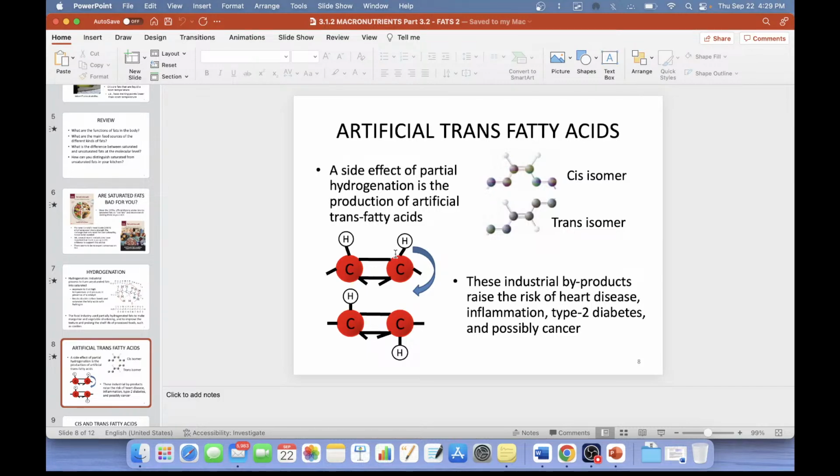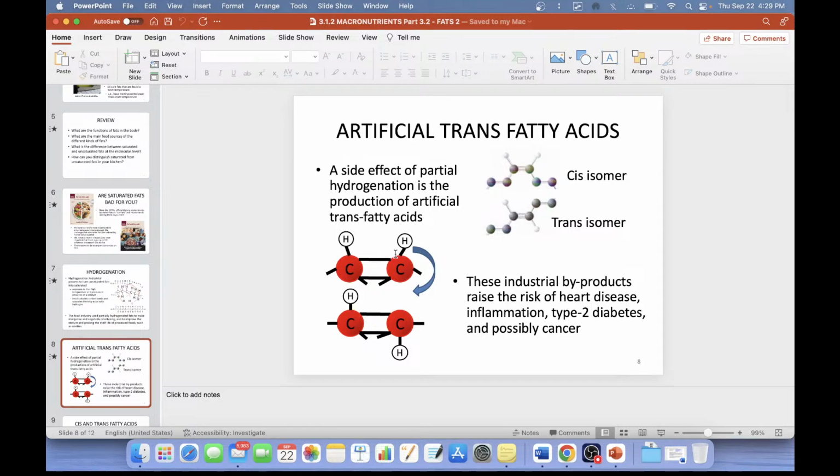So what's represented there is a cis molecule. If you, during the process of hydrogenation, break the carbon bond, what can happen to that molecule is, in fact, that the molecule flips over, gets twisted, it reattaches in the trans configuration.